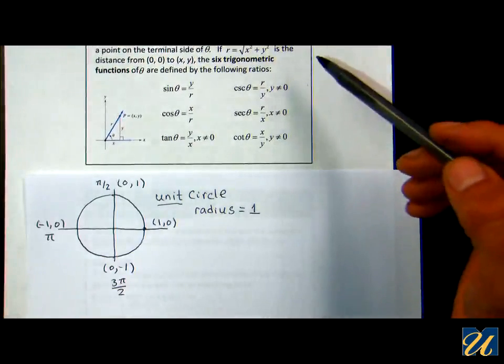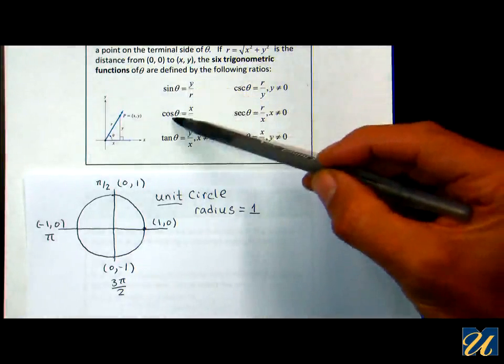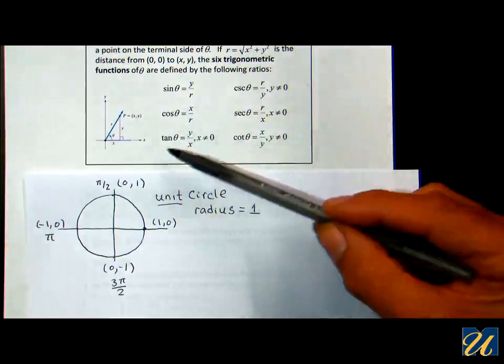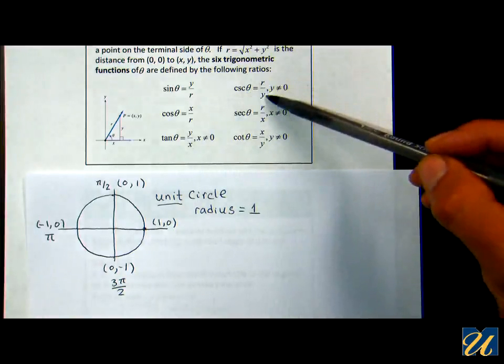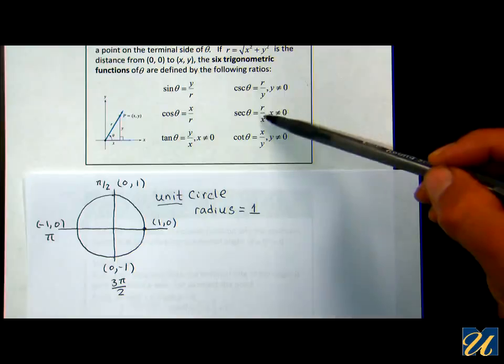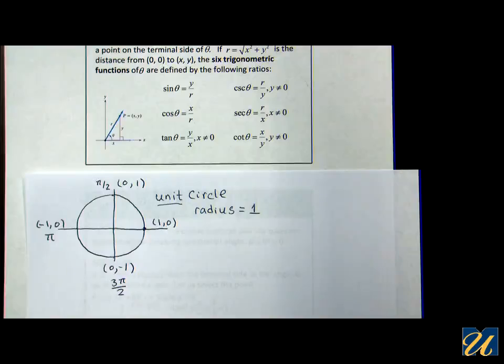Since r is equal to 1, sine is just the y-coordinate. Cosine is just the x-coordinate. Tangent is the ratio of y to x. The cosecant is 1 over y, the secant is 1 over x, and the cotangent is x over y. Which is why in the previous PowerPoint section I said always think sine means y and cosine means x.